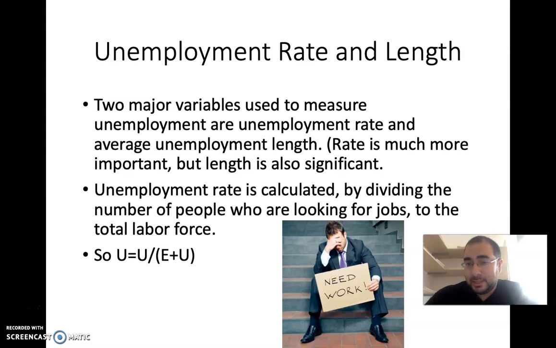In order to be within the group defined by the unemployment rate, you should be looking for a job and not employed. Even if you are employed for 1 hour per week, then you are employed, even if you are also looking for a job. So it is calculated by dividing unemployed people by the total labor force.